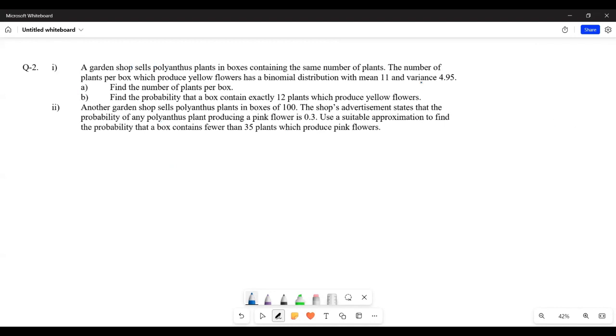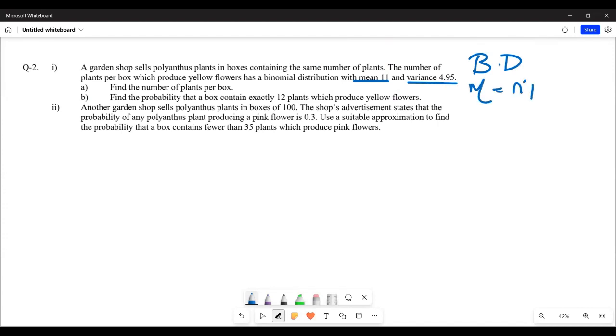Okay, so we're given the mean and we're given the variance for a binomial distribution. The formula is: mean is equal to NP in binomial distribution, and variance is equal to NPQ. It's actually standard deviation squared, so it's NPQ.